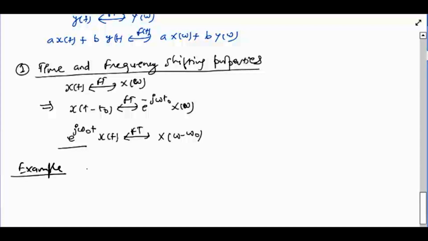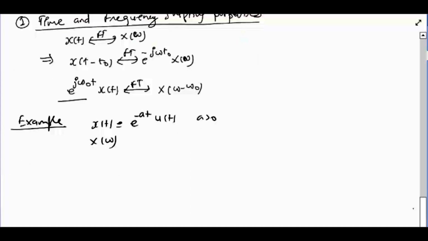Let us consider the first example. Recall that there x(t) was e raised to minus a t u(t), a greater than 0, and we saw that its Fourier transform was 1 over a plus j omega.